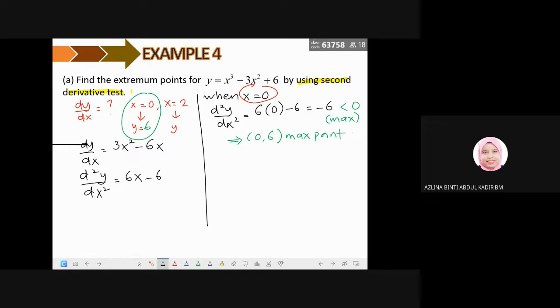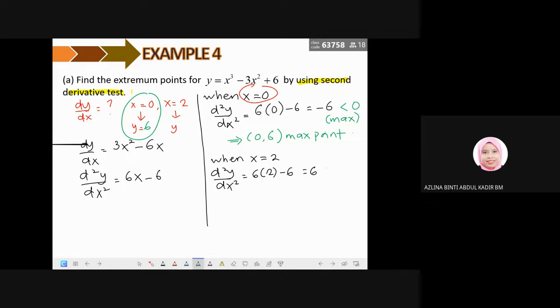Then when x is equals to 2, d squared y dx squared is equals to 6 times 2 minus 6, 12 minus 6, we get 6 positive.